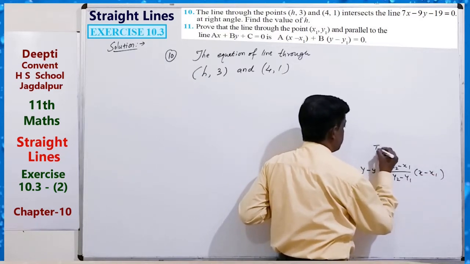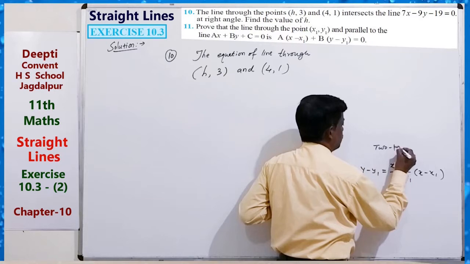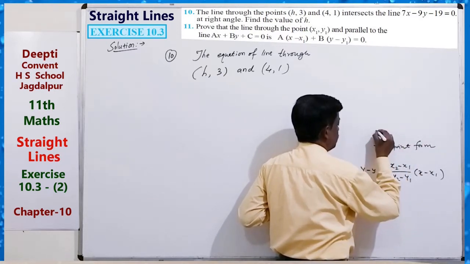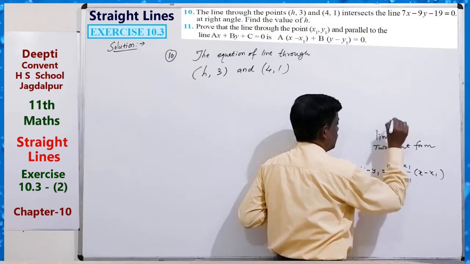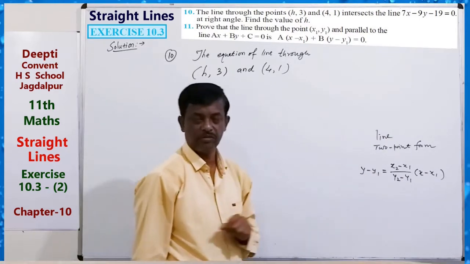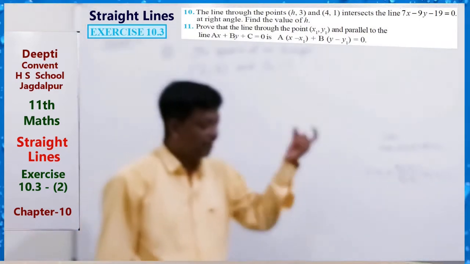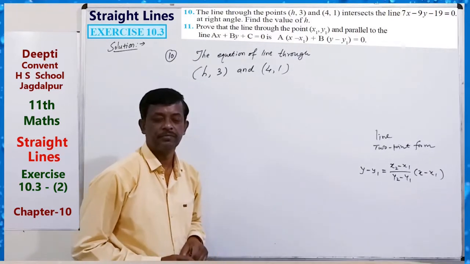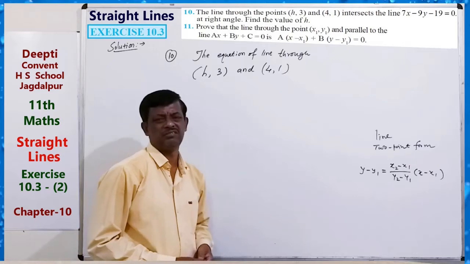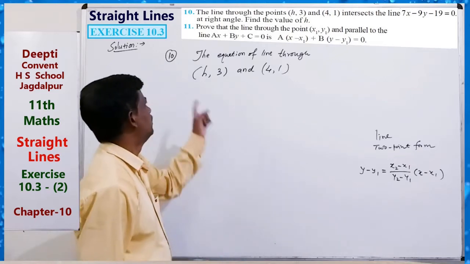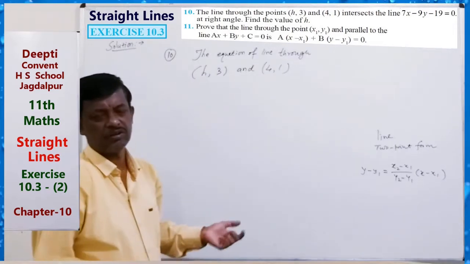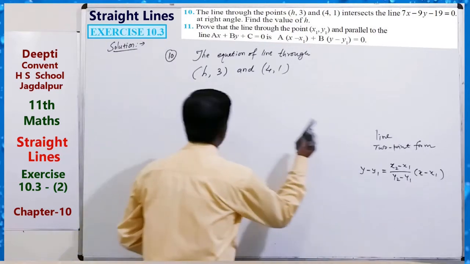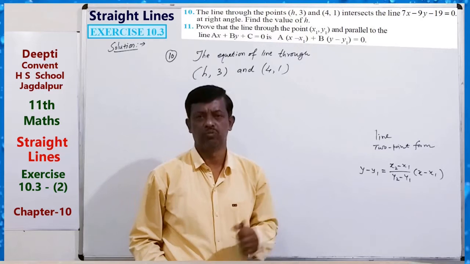This is the two point form formula. But finding the equation of the line is not required here. We require only the slope, so we can write the slope of the line through these points.